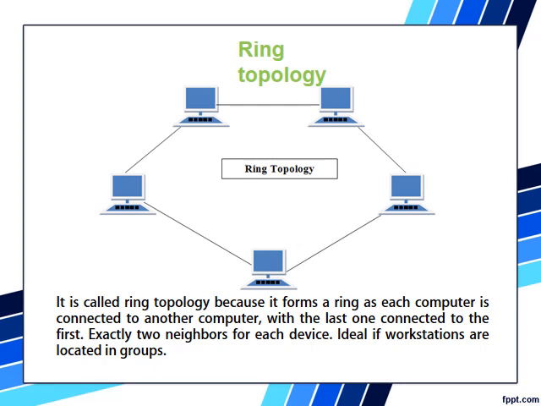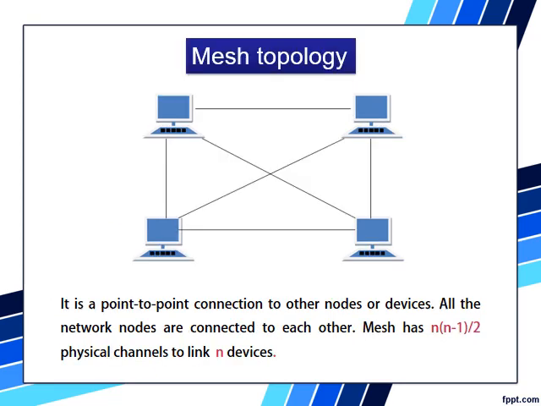Ring topology. It is called ring topology because it forms a ring as each computer is connected to another computer, with the last connected to the first. Exactly two neighbors for each device. Ideal if workstations are located in groups. Mesh topology.